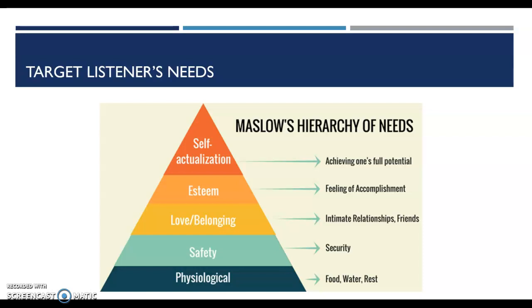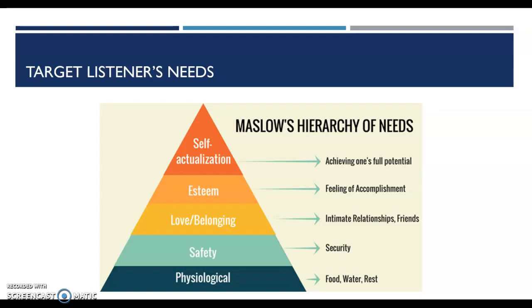If I sell this commercial to somebody and they air it, but the people watching are in a super unsafe situation, or maybe they're living in poverty and don't have food, if those two bottom layers aren't met, they're not going to want to listen to what I have to say because they have more important things to worry about than my dating site.